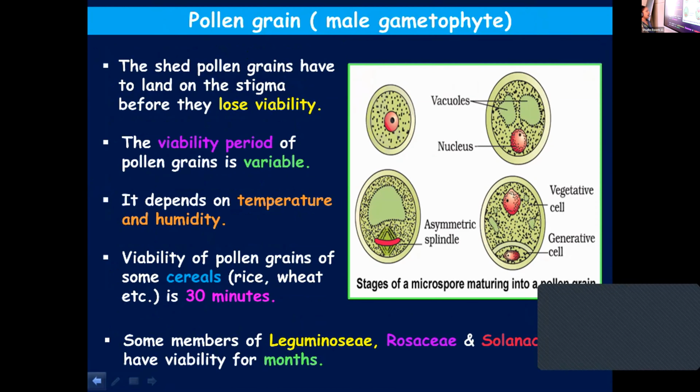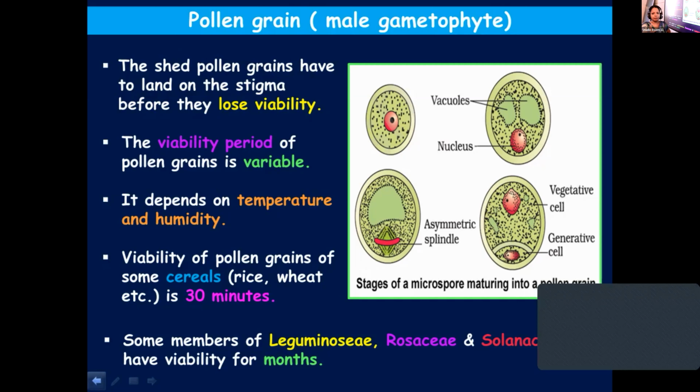Different pollen grains have different viability periods depending upon the species. And two factors that decide its viability are temperature and humidity. For certain plants, for example, cereals like rice, wheat, etc., the viability of the pollen grains is just 30 minutes. Within the 30 minutes, it should land on the stigma for fertilization to happen.